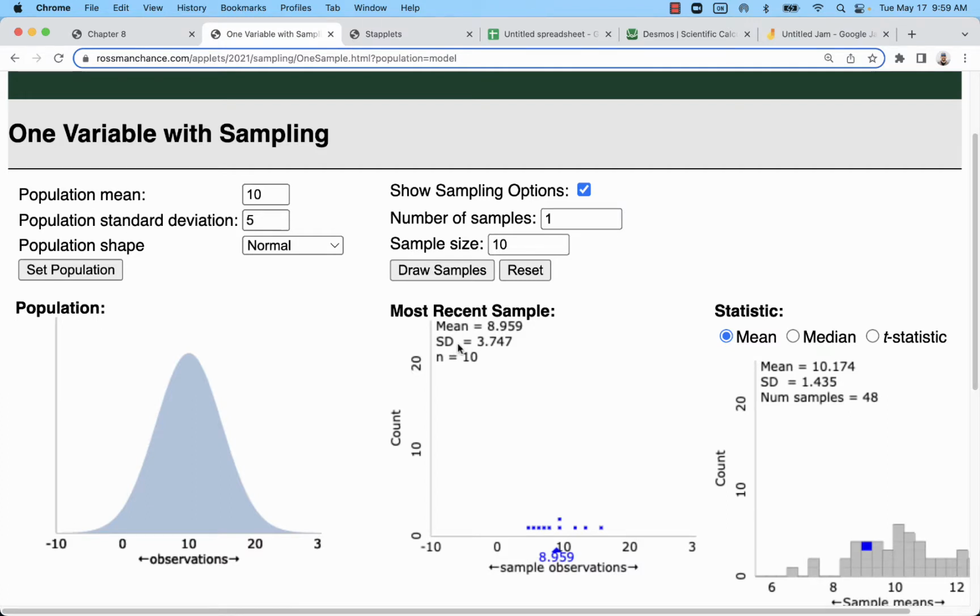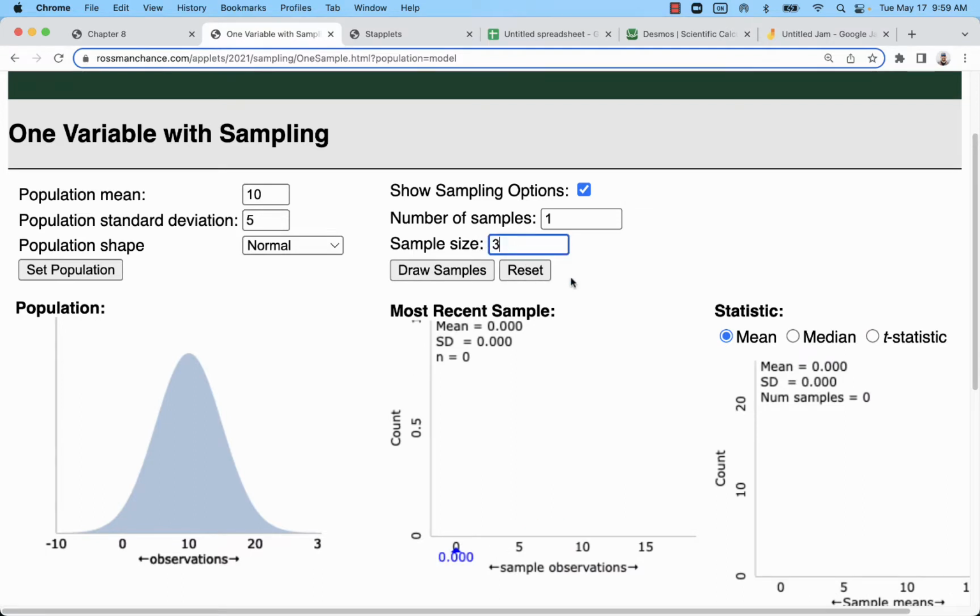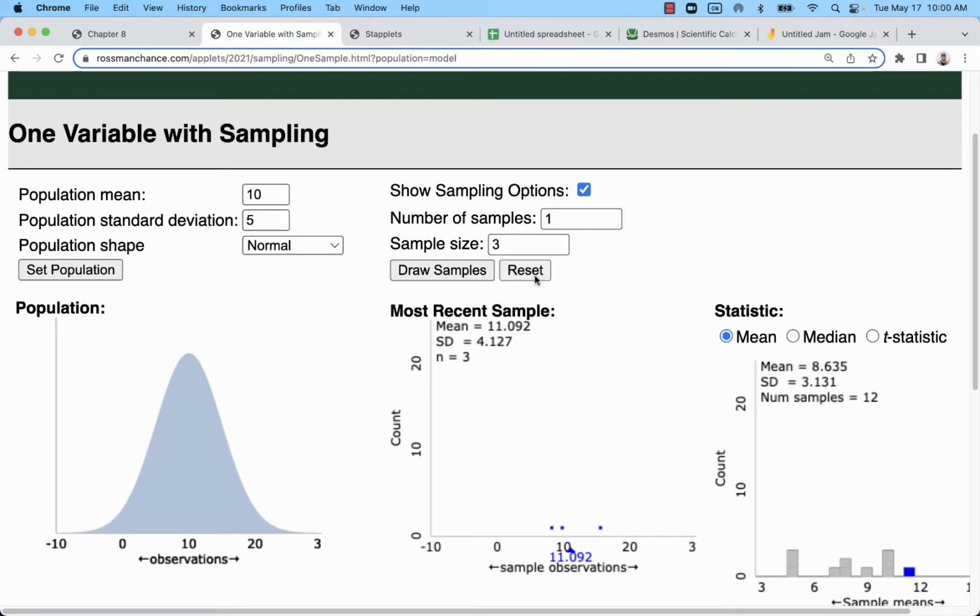We are also going to find that as sample sizes get smaller, this effect is even exaggerated. So when I have a sample size of 3, I'm going to frequently be way under that standard deviation of 5, because these 3 points have a tendency to cluster together in the middle, and that reduces the standard deviation by not including the most extreme observations.